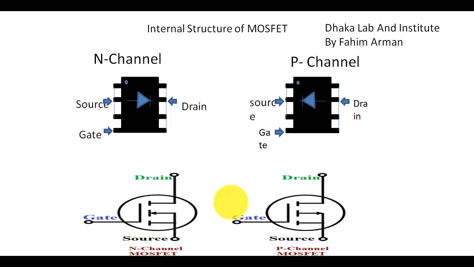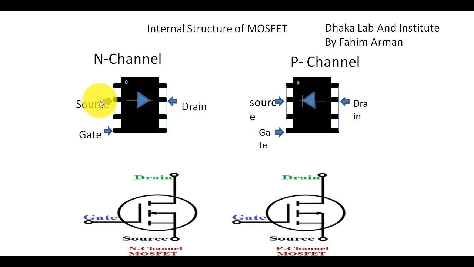The internal structure of a MOSFET is here. I'll show you that internally there is a diode here. For N channel, the diode position is here. This is anode and this is cathode. Source is anode and drain is cathode.